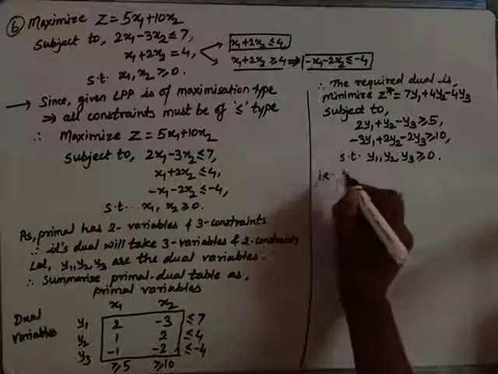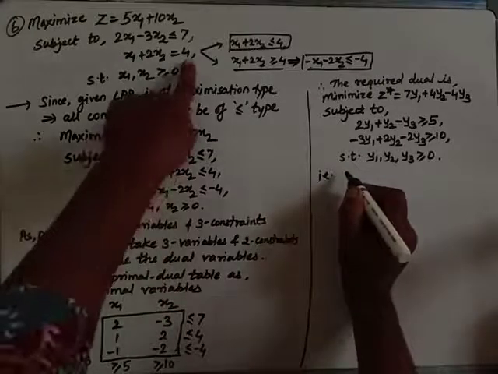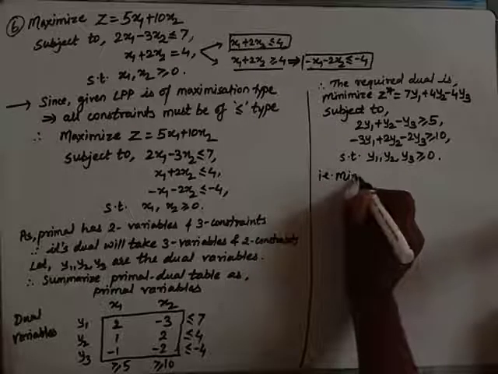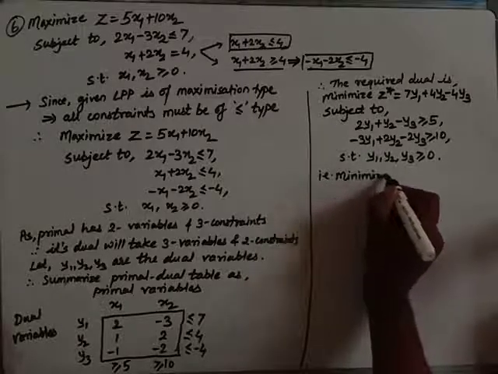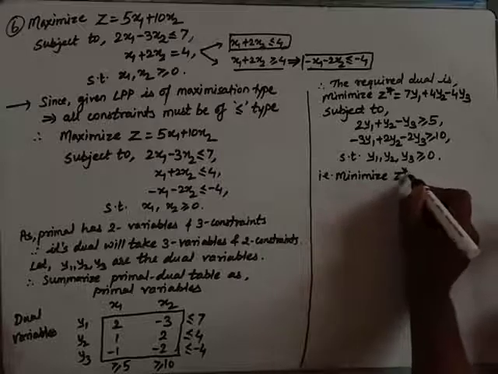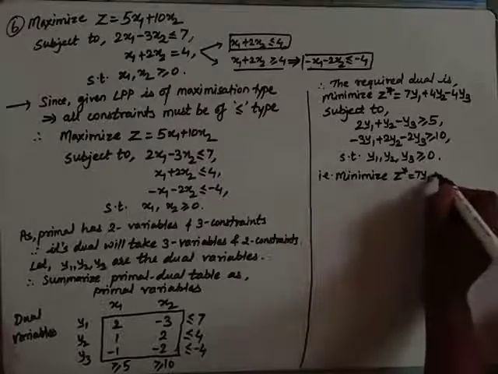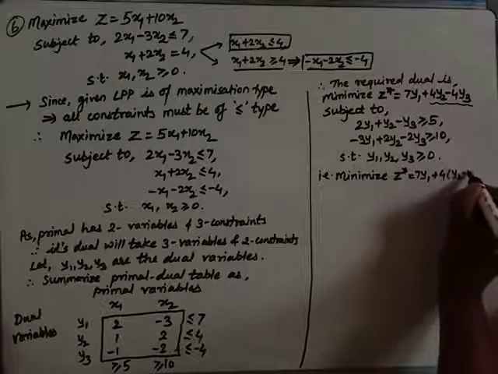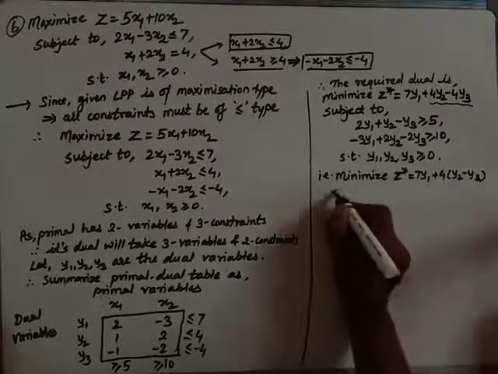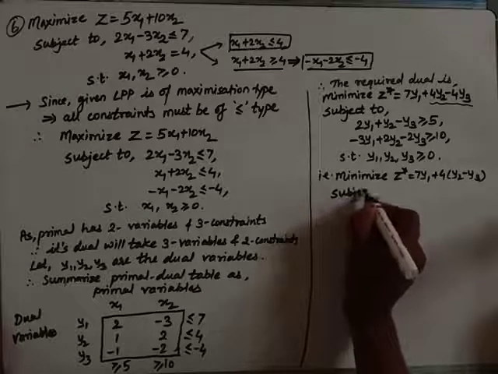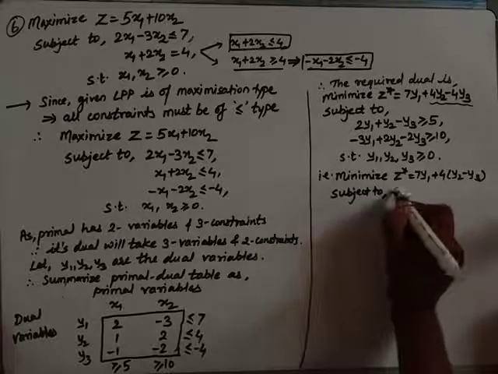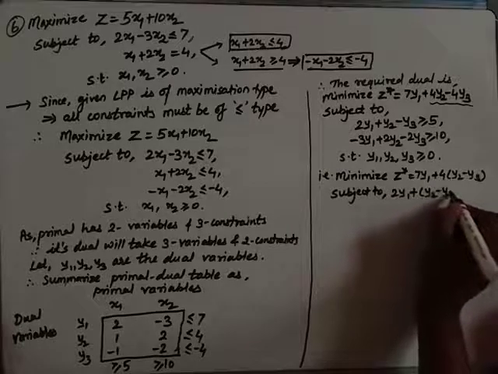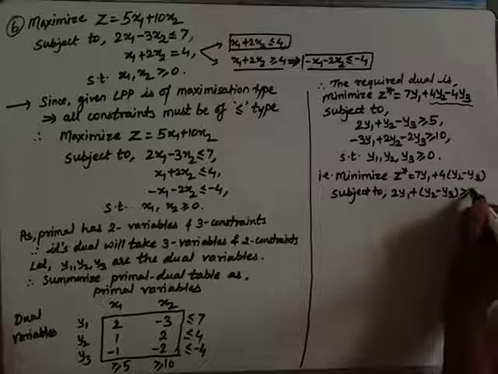That is same as to say, now you know equality constant, so it can be taken common here. That is same as to say minimize z star equal to 7y1. Now from these two we can take 4 common, so y2 minus y3, subject to, we can write 2y1 plus y2 minus y3 greater equal 5.